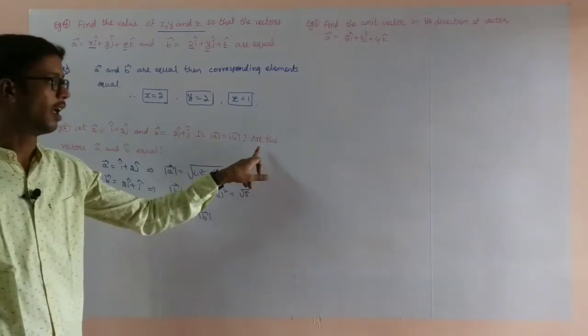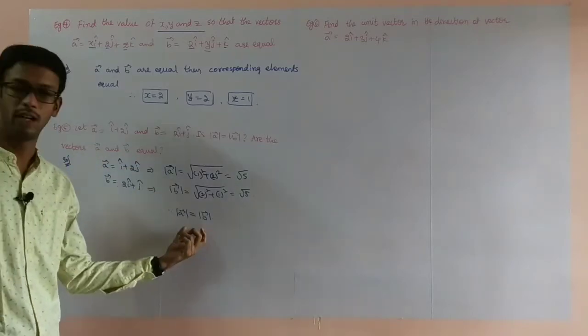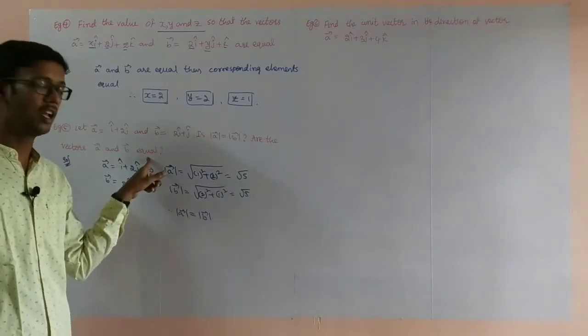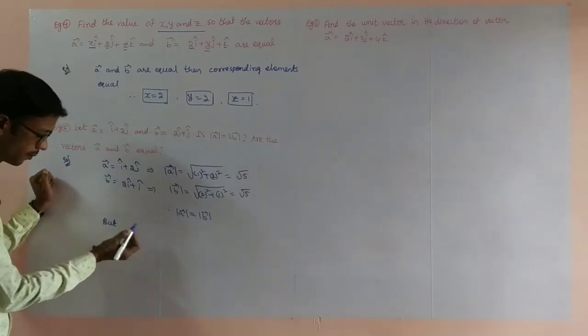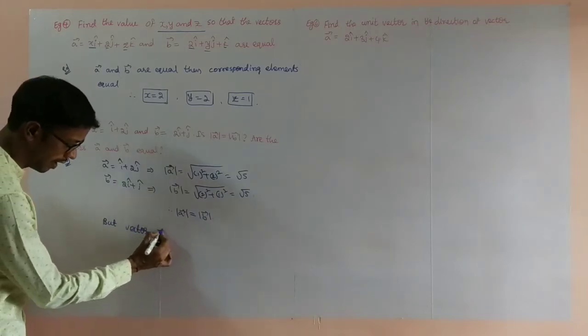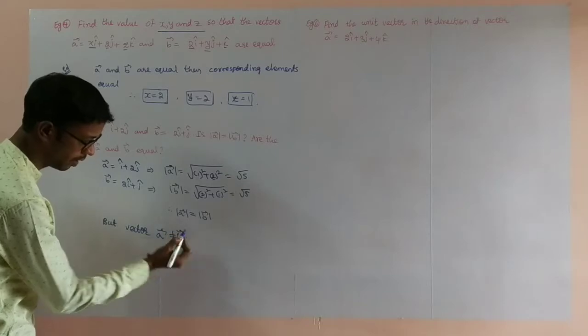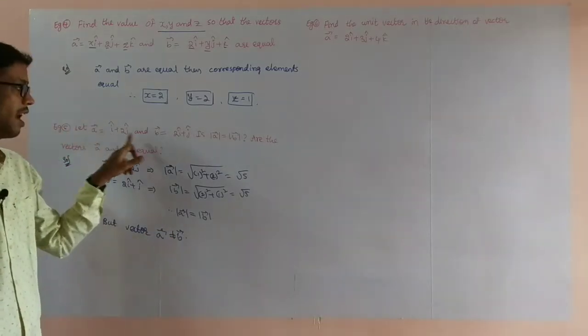This one is completed. Are the vectors equal? The magnitudes are equal, but whether the vectors are equal is the question. But vector A bar is not equal to B bar, because corresponding elements are not equal.